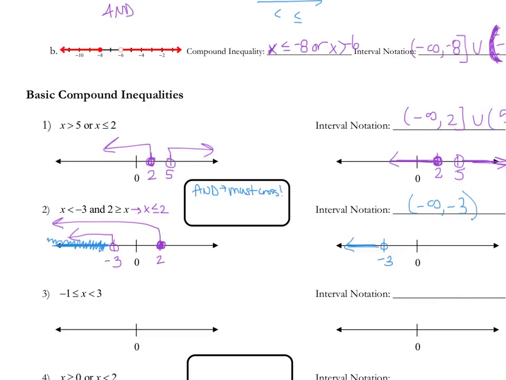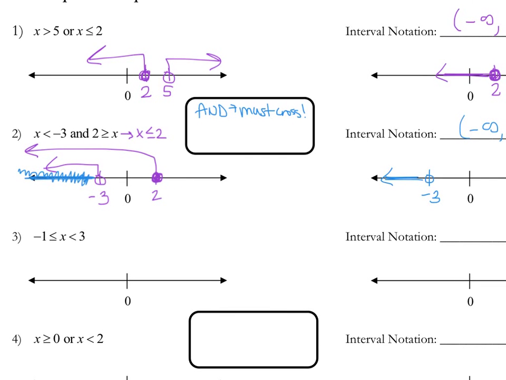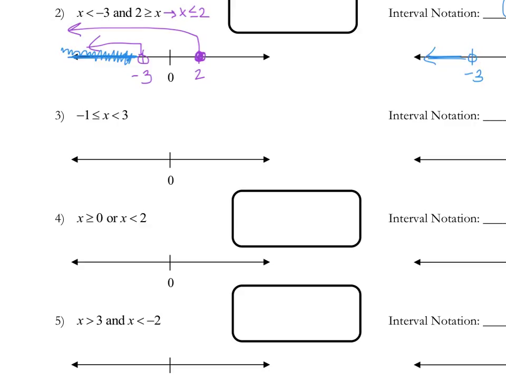All right, let's take a look at example 3. Okay. All right, so if we focus just on this first inequality, we would say -1 is less than or equal to x, which is basically saying that x is greater than or equal to -1. So that is to the right. Okay.